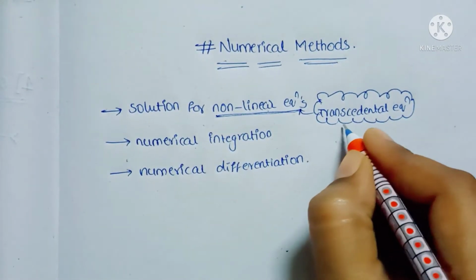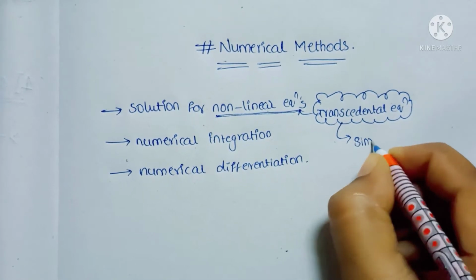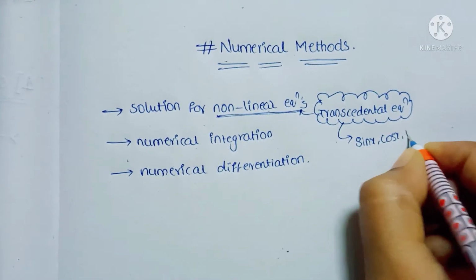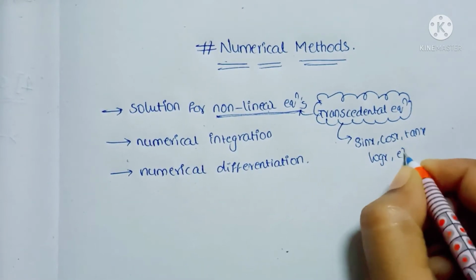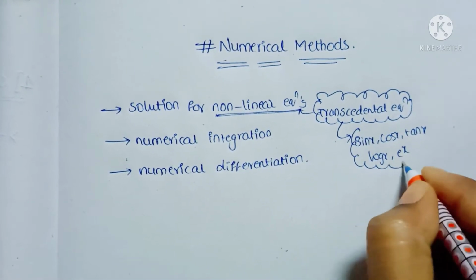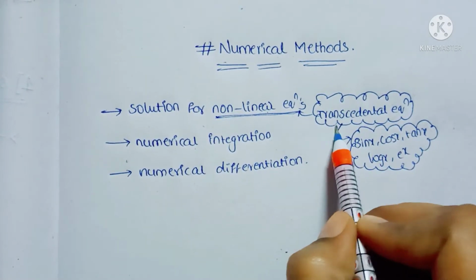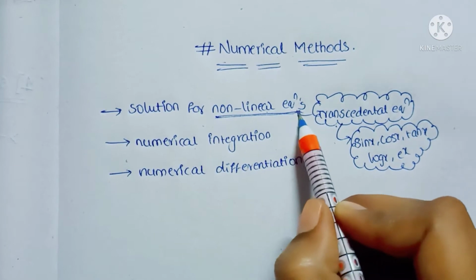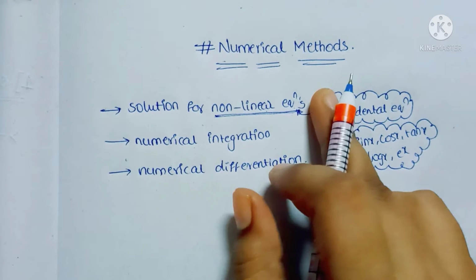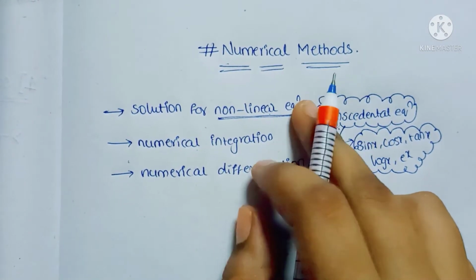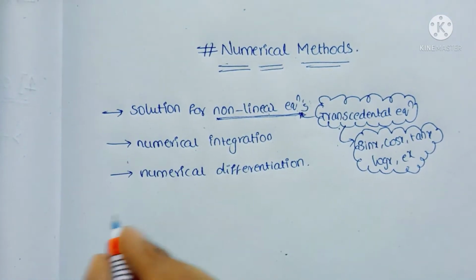See, an equation which consists of trigonometric functions like sin x, cos x, tan x, and logarithmic functions and exponential functions is said to be a transcendental equation, and these transcendental equations come under nonlinear equations. And now we are seeing solution for this nonlinear equation.